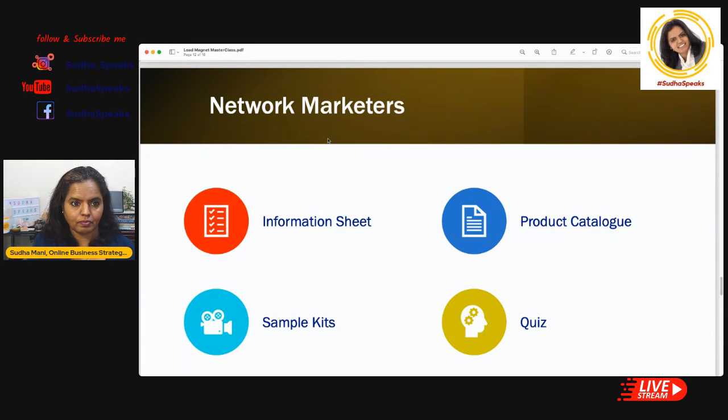So that's a platform they have. They fall into this category as well. So they can use an information sheet about why they need to do this. All of that could be there.